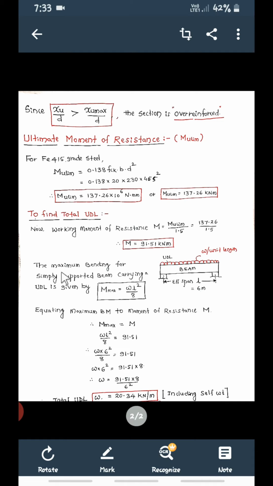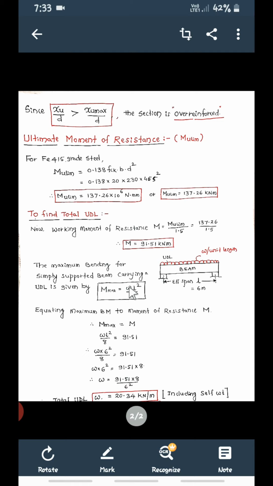Now see, what is the maximum bending moment for a simply supported beam carrying a UDL completely? Maximum bending moment will be WL square by 8. Now there are two values.